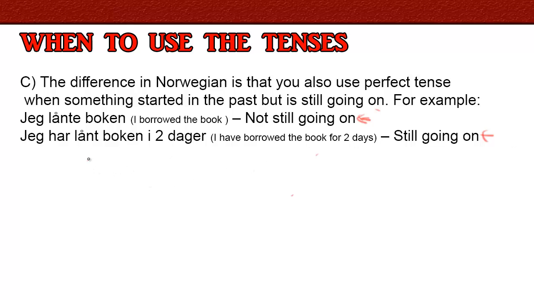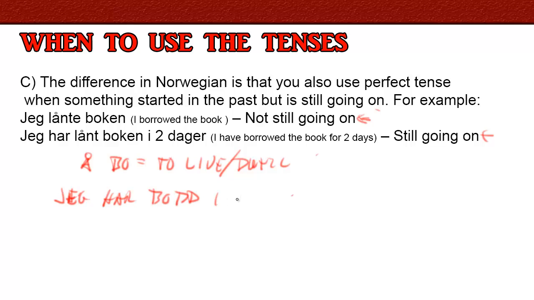So if you remember the verb å bo, to live, dwell, like you're living in a place. So if I say jeg har bodd i Brasil i 10 år. And I can say jeg bodde i Danmark i 5 år.